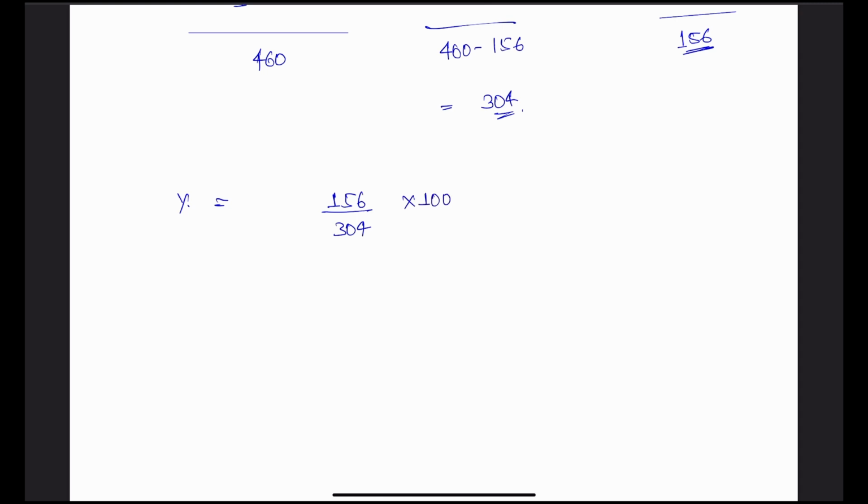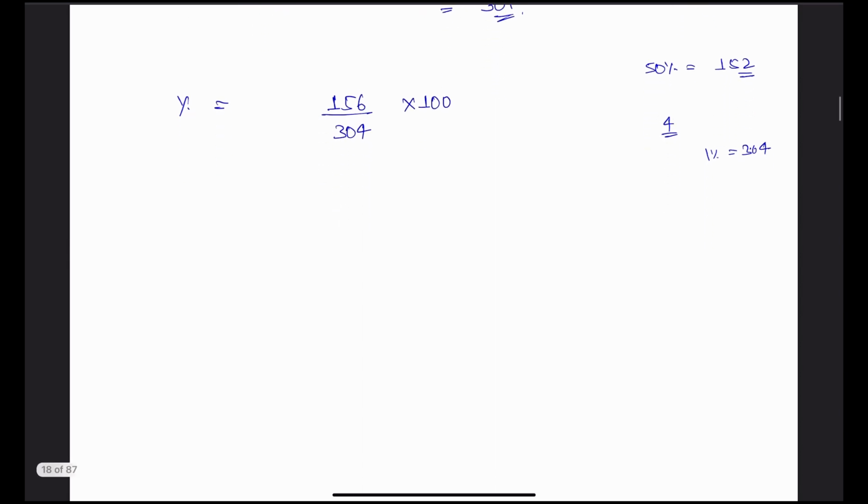50% will be 152. Remaining is 4. So that 4 can be written as, so 1% is 3.04. So it will be something around 51 point.